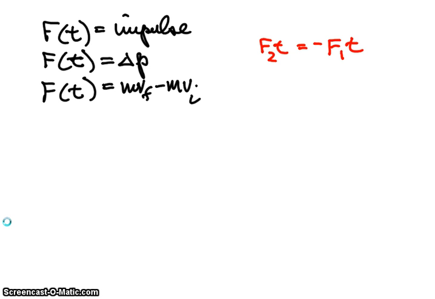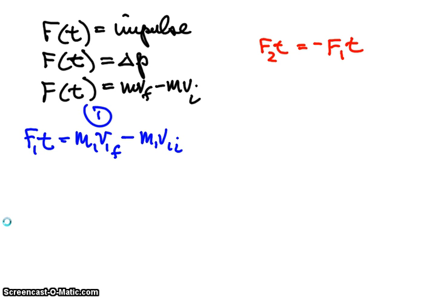So what we have to do is write the equation specifically for each character. For the first guy, we would have F1t equals m1, and we have to specify that it's his mass, the heavy guy, times v1 final, his final velocity, minus m1 v1 initial. That's on guy 1.